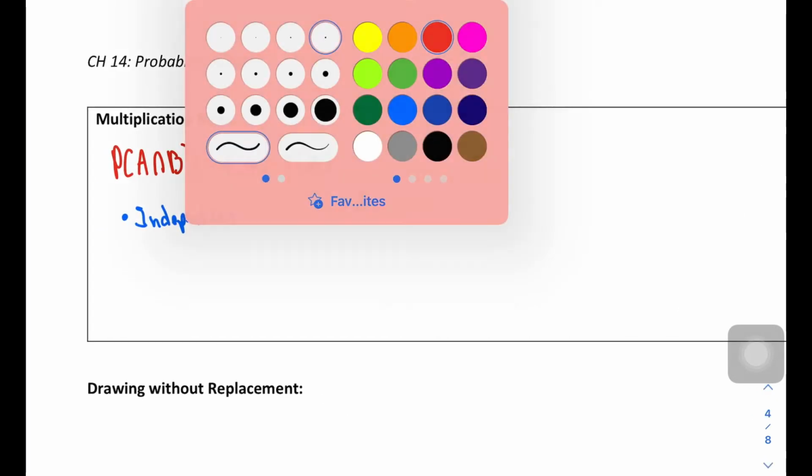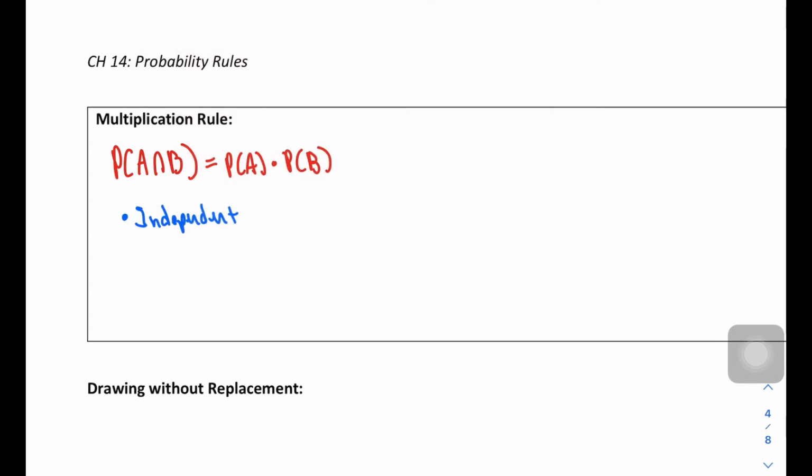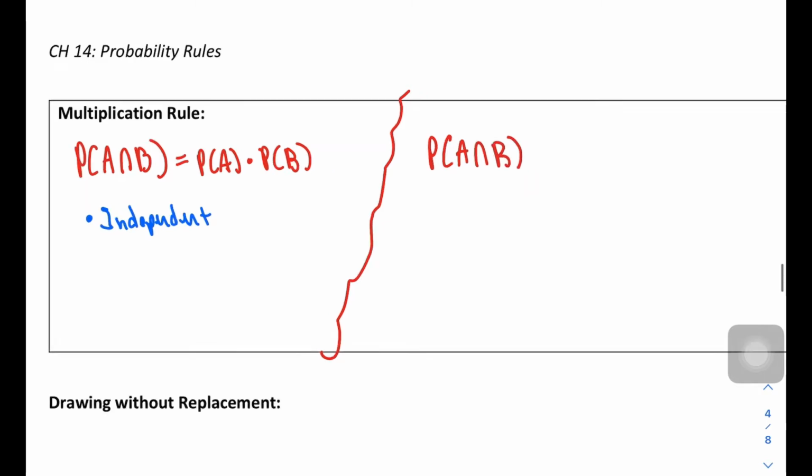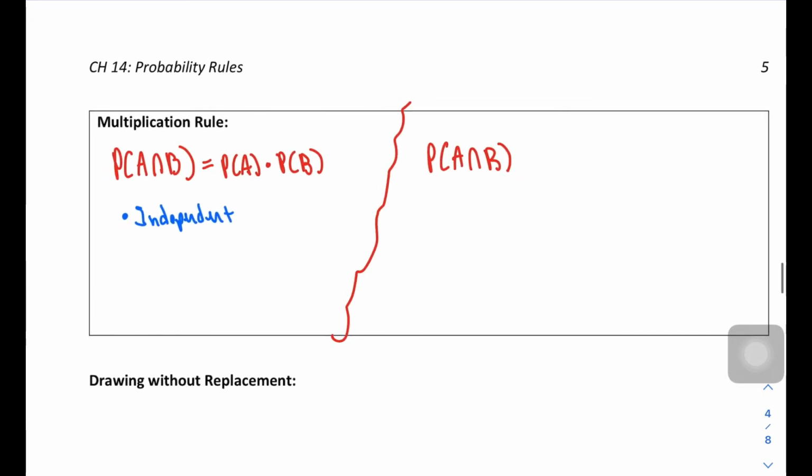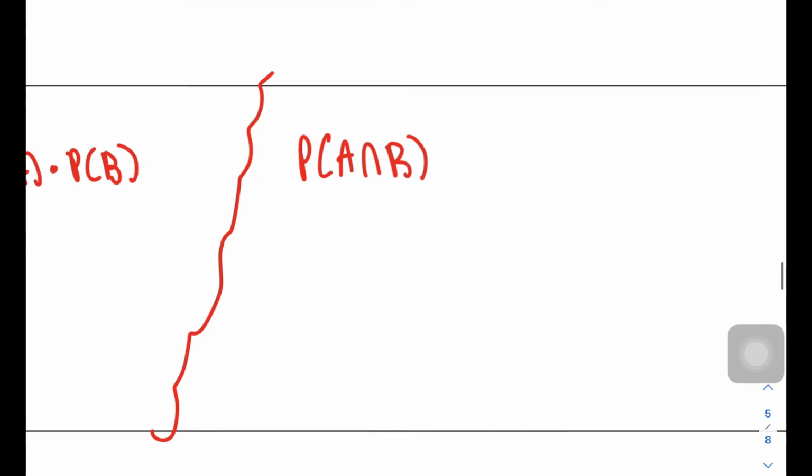And this is assuming, of course, that they are independent events. What we're going to be dealing with today is a different type of multiplication rule, when they are not independent, but it almost looks the same. It's the probability that both A and B happen. Let's say it's the probability of A, and we multiply it by the probability of B given that A already happened.